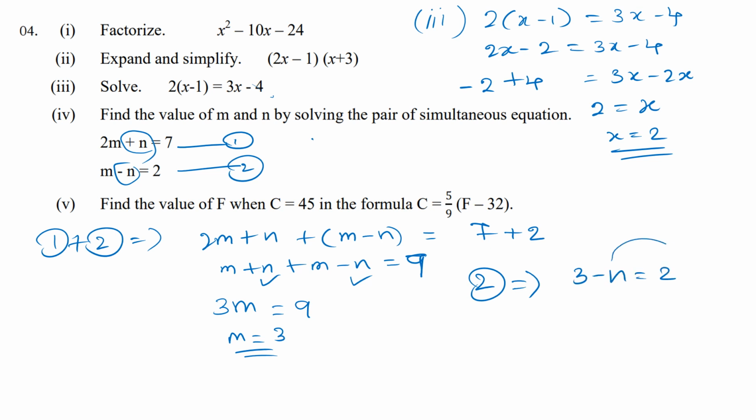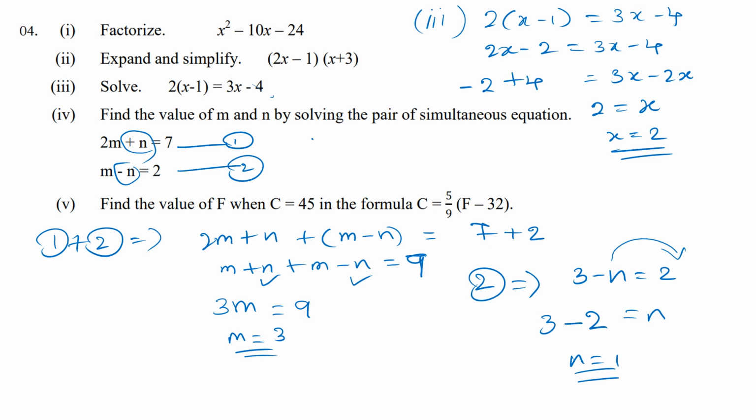You can take n to the right side, and then it becomes plus n, and you can take 2 to the left side, then it becomes minus 2. 3 minus 2, then n is equal to 1. So I think you understand this.